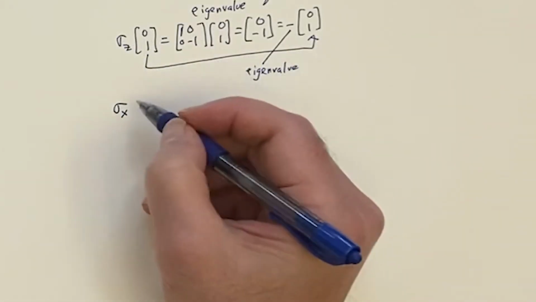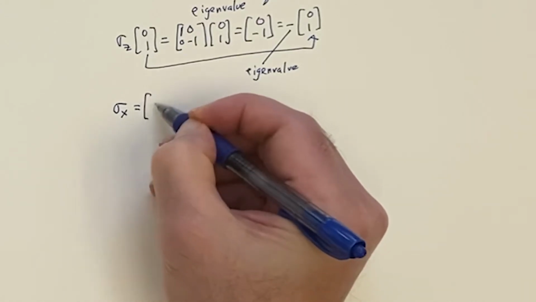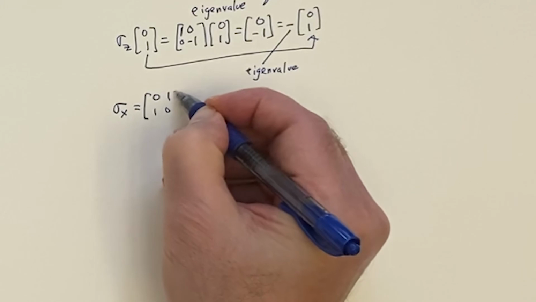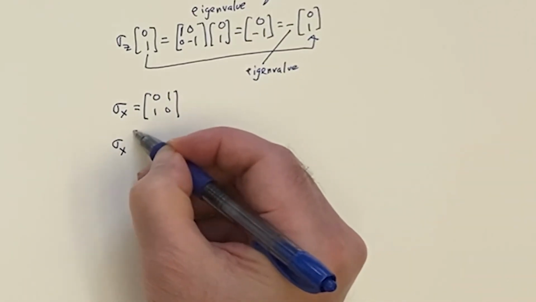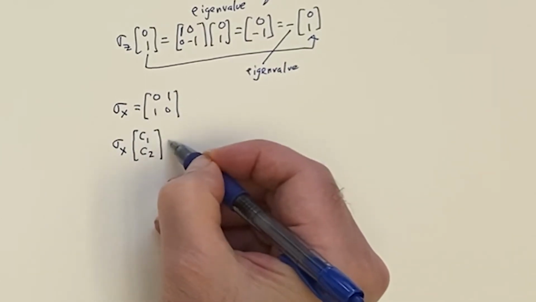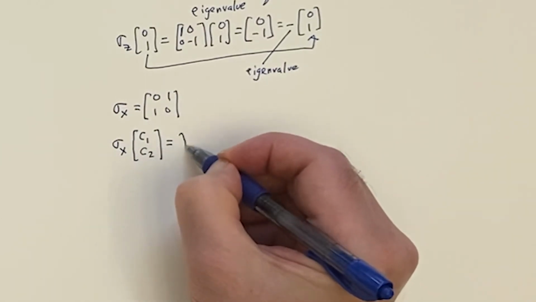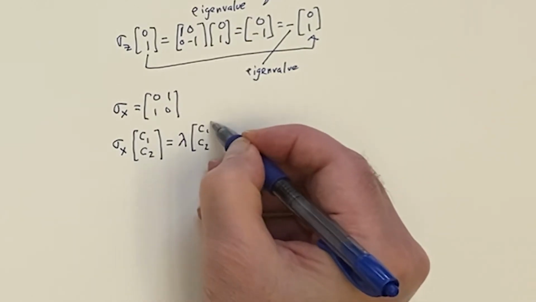Let's try to find the eigenvectors for this sigma x matrix, which is this one. So sigma x operating on some column vector would have to be some lambda and get back the same thing like this.